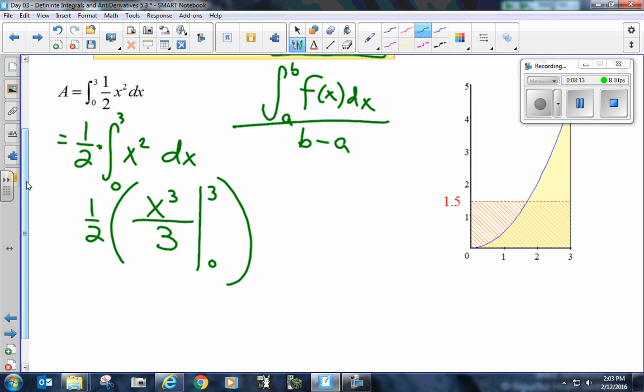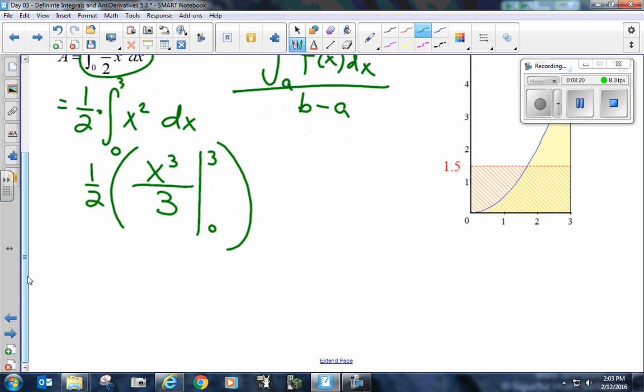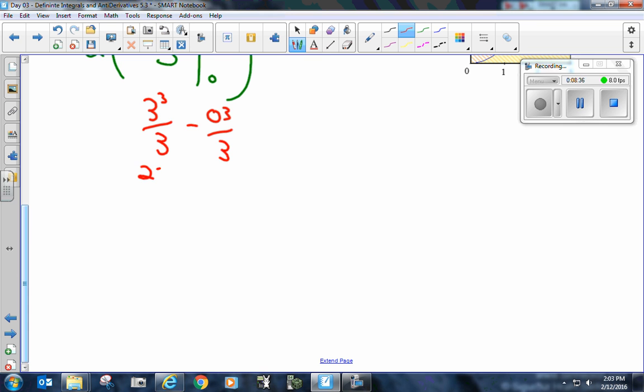That is going to give me this. Okay? So, you'll notice with 1/2 out, it's going to be a little easier. If I put a 3 in here, that's 3 cubed, which is 27 over 3, minus 0 cubed over 3. Now what do we have? That is 27 over 3 minus 0 over 3, which is 9 minus 0, which is 9.